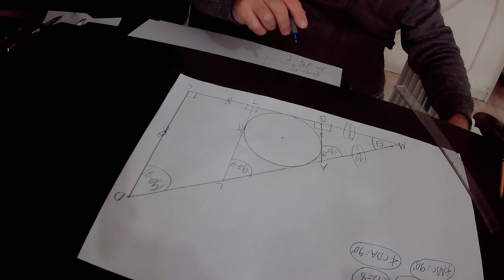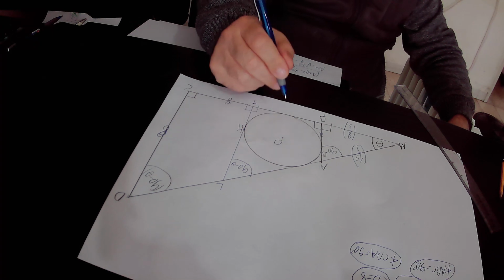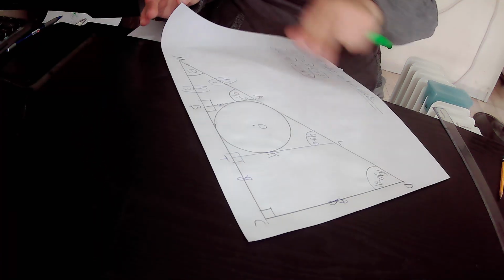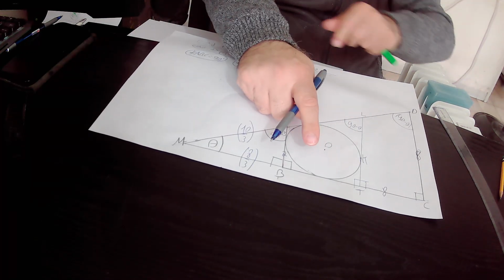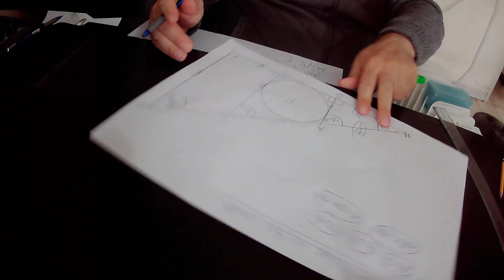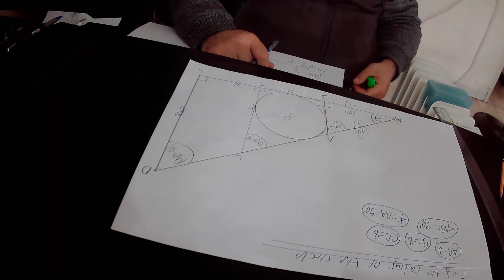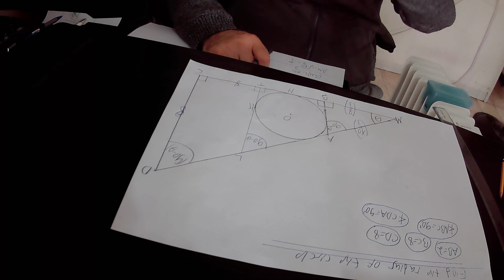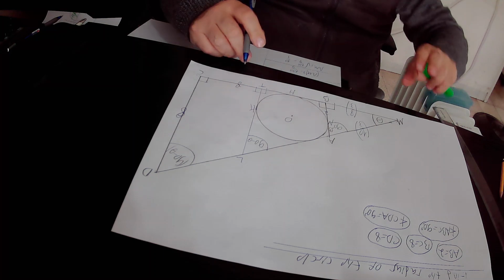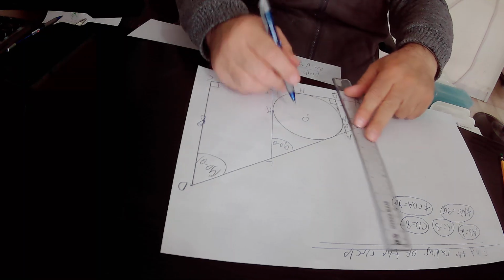In the next step, we define the center of this circle, this point, as O. We define the point of tangency of tangent BT with this circle as H. And finally, we define the point of tangency of tangent AB with this circle as M. In the next step, we join points O and H together by a straight line.